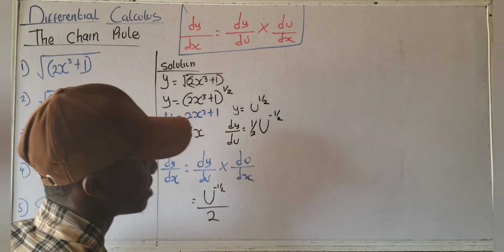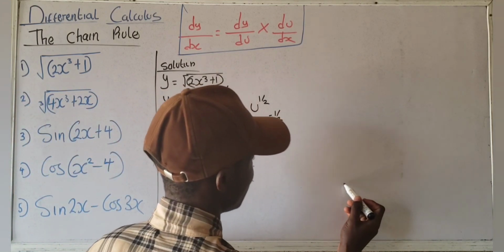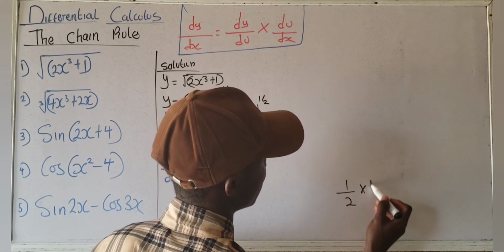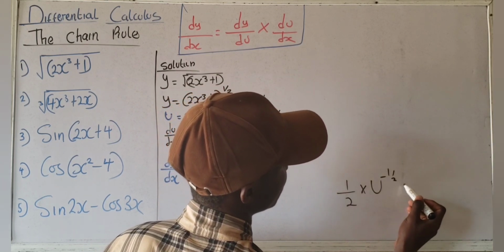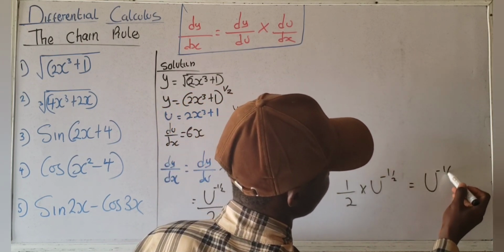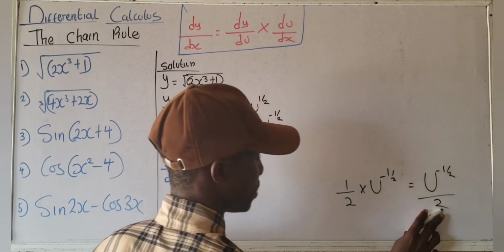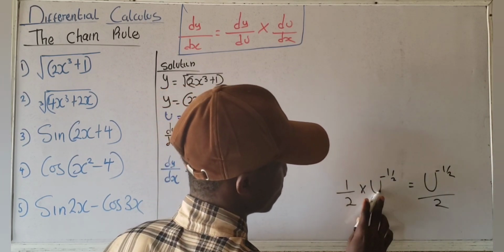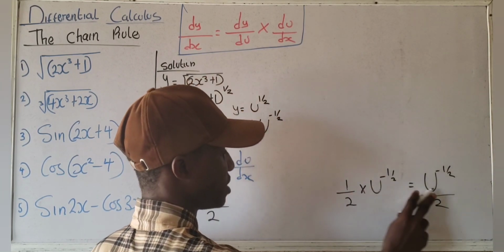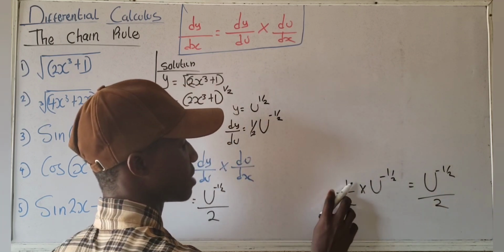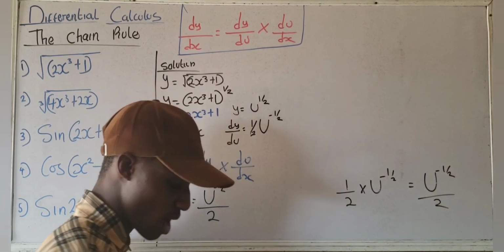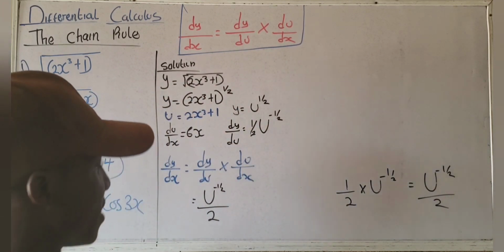Listen, I've not done anything. 1 over 2 multiplied by u raised to the power of negative 1 over 2 is all the same thing as u raised to the power of negative 1 over 2 all over 2. If you multiply by 1, it's still going to remain like this. So I've not done anything. Do you understand?